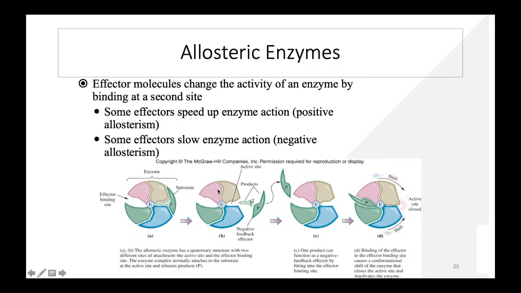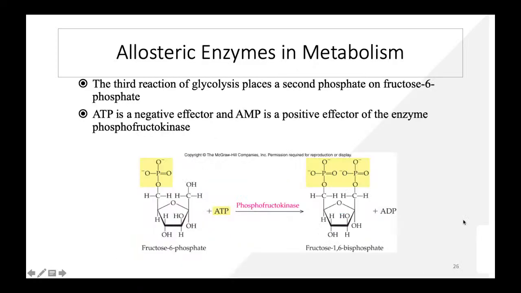That's how negative allosterism works. If it is getting attached and making the reaction even faster, then it is positive allosterism. In the third reaction of your glycolysis, if ATP is present, it will be a negative effector. If it is AMP, then it will be a positive effector.